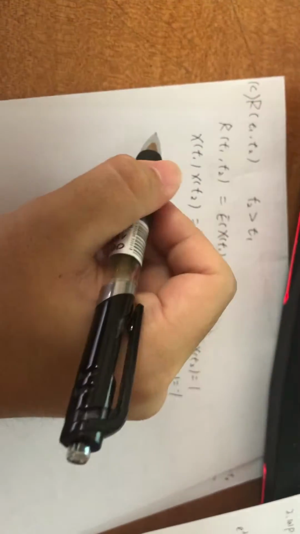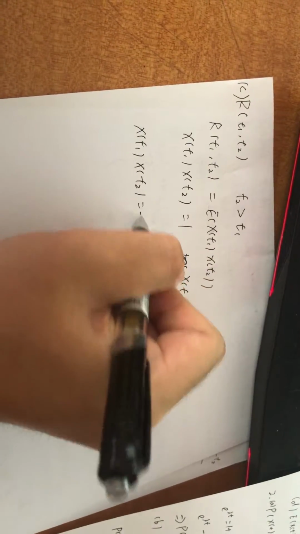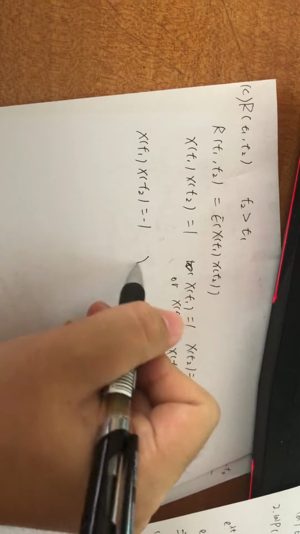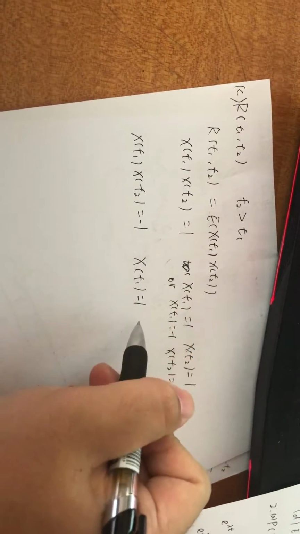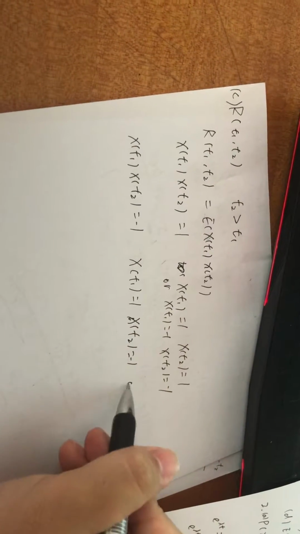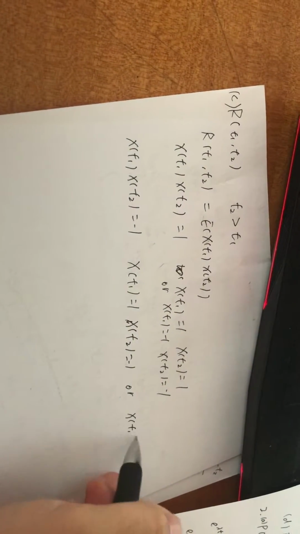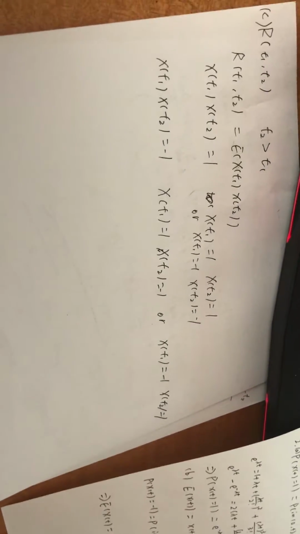And another situation is X(t1) times X(t2) equal to negative 1. So we have X(t1) equal to 1 and X(t2) equal to negative 1, or X(t1) equal to negative 1, X(t2) equal to 1. So we have these two cases.